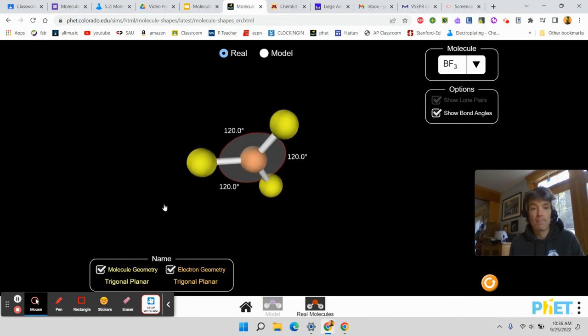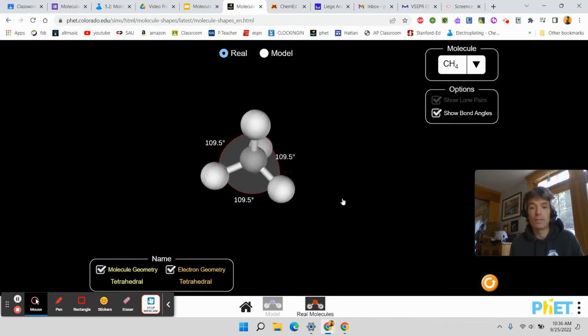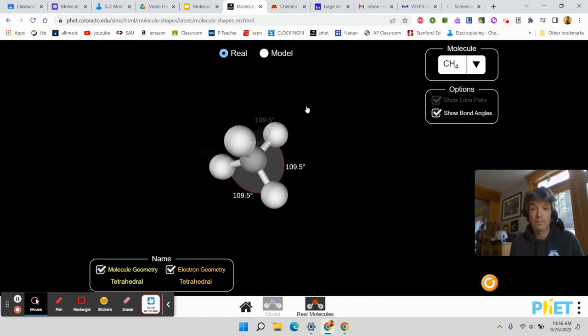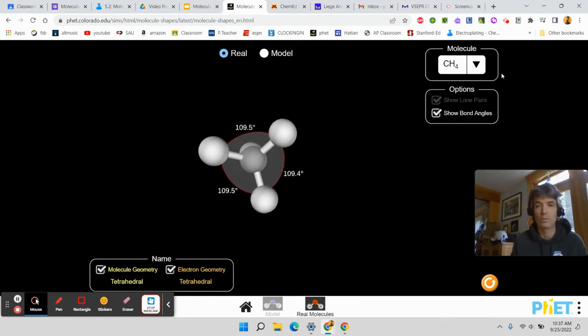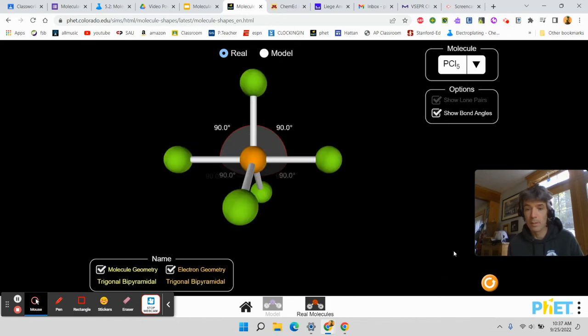That's a very highly symmetric shape. The next one is tetrahedral, and you can see that this molecule is very symmetric. It's even on all sides. It doesn't look like it at first, but when you rotate it, you can superimpose everything on every side. The next one is trigonal bipyramidal.